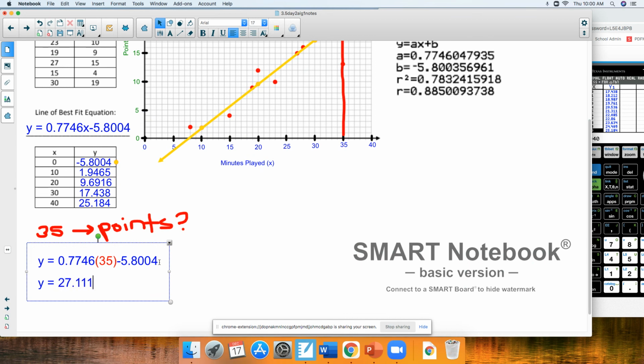And then from that, we're going to subtract 5.8004. And so we'd be able to say that we're going to have about 21.3106 points after 35 minutes.